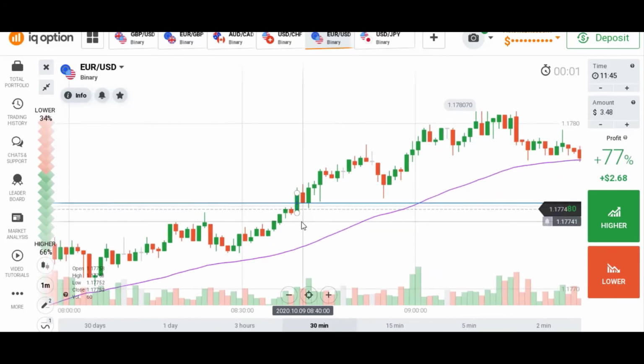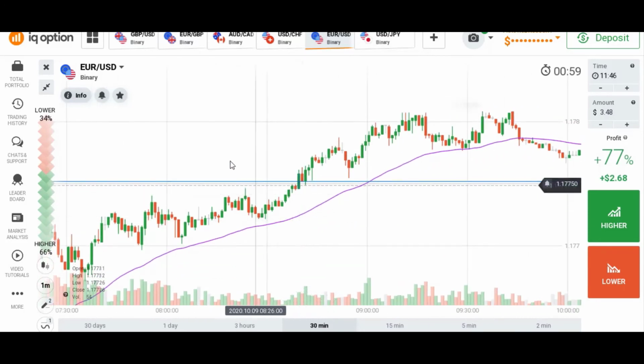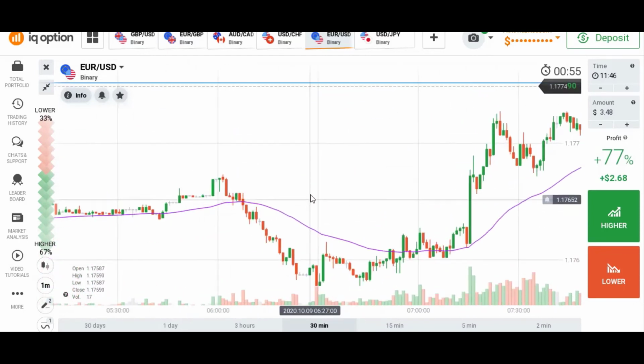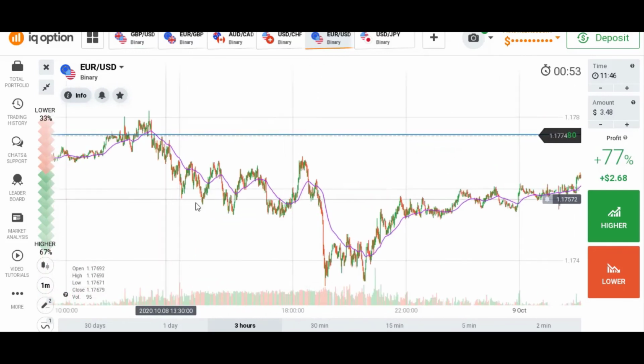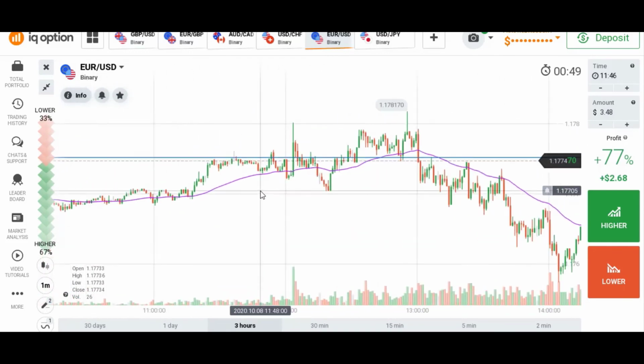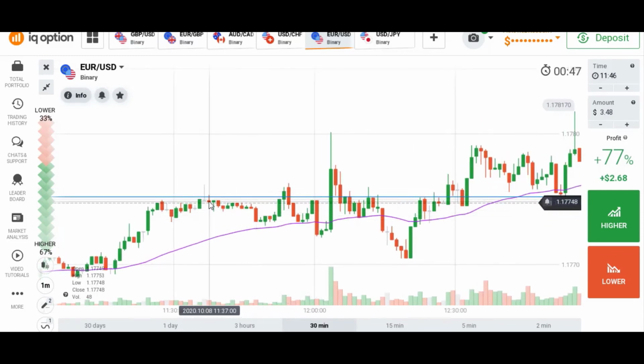So how did it work in the past? I am showing here. Yes, this is a strong rejection from this level. This is a doji candle, strong rejection, the next candle goes down, broke the SNR level, and the next candle goes down.